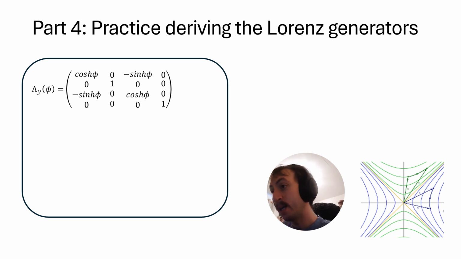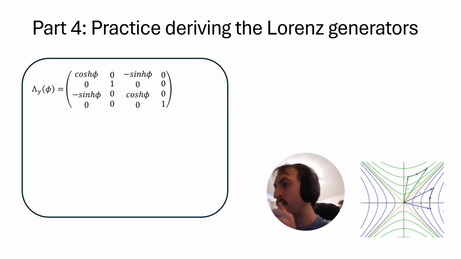So for this, we start with the Lorentz transform that looks very similar to the Lorentz transform we had before, where the boost was along the x-axis. However, since now the boost is along the y-axis, it's the y and t components which contain the hyperbolic functions.